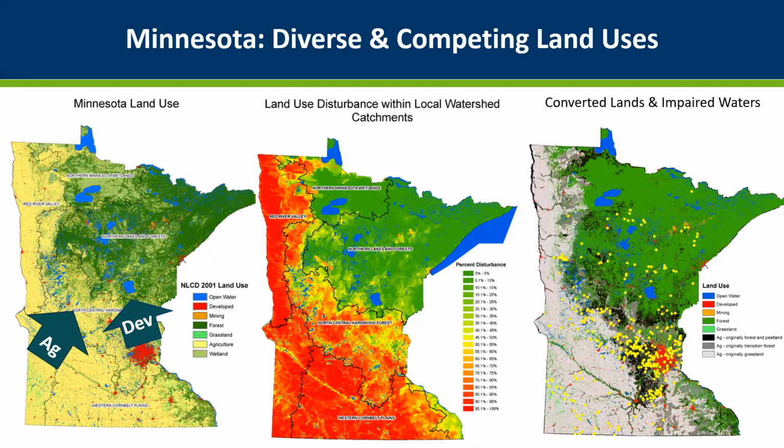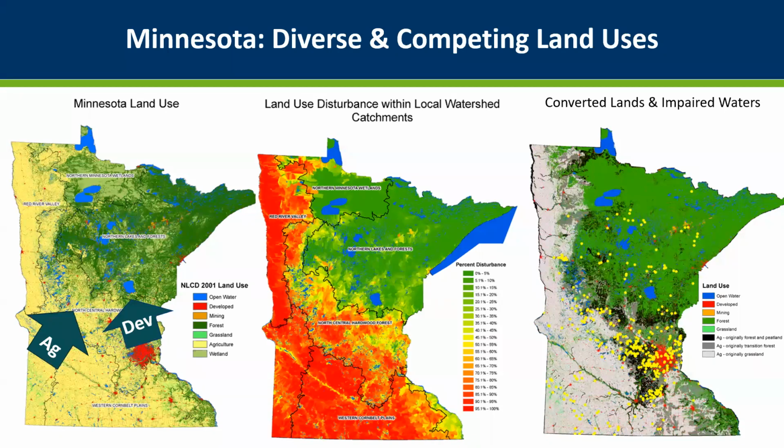Okay, to the slide with the 3 maps of the state. And here it's just important to note, Minnesota is an extremely diverse state. We're right at the crossroads of the boreal forest from the north, the prairies from the west and south, and the hardwood forest coming from the east. And so there's a tremendous amount of diversity in the state.